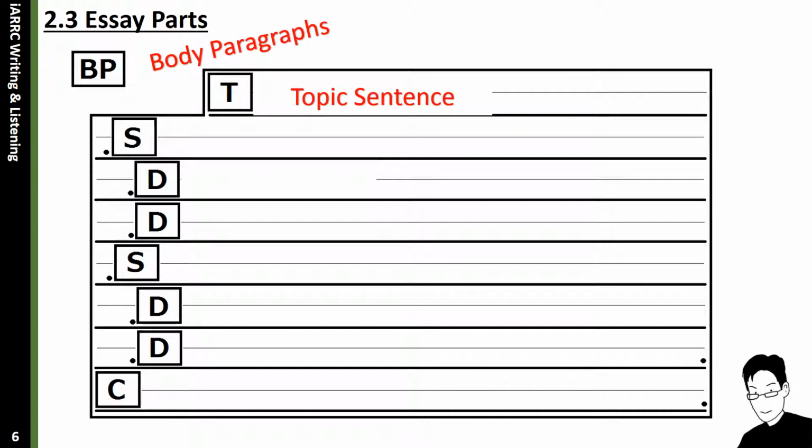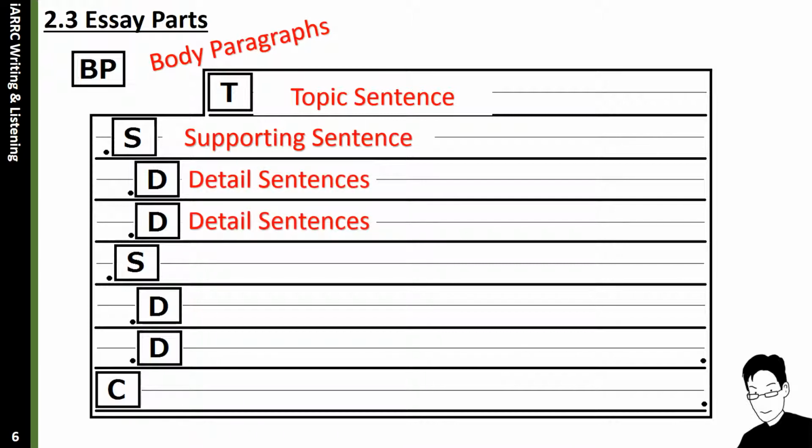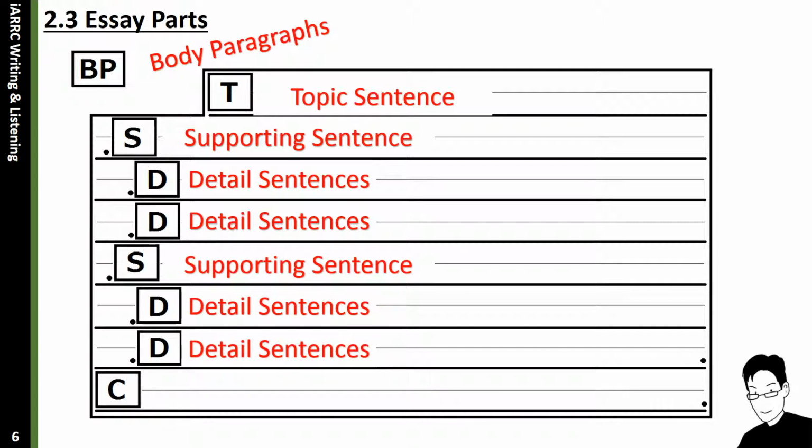Following the topic sentence, other sentences called supporting sentences support the topic sentence. Underneath the topic sentence and the supporting sentence, we find the detail sentences. There are usually 2 or 3 detail sentences for each supporting sentence, and you can see that that structure repeats through the body paragraph. At the end of the body paragraph, there is a concluding sentence which restates the topic sentence or summarizes the main point of the body paragraph.